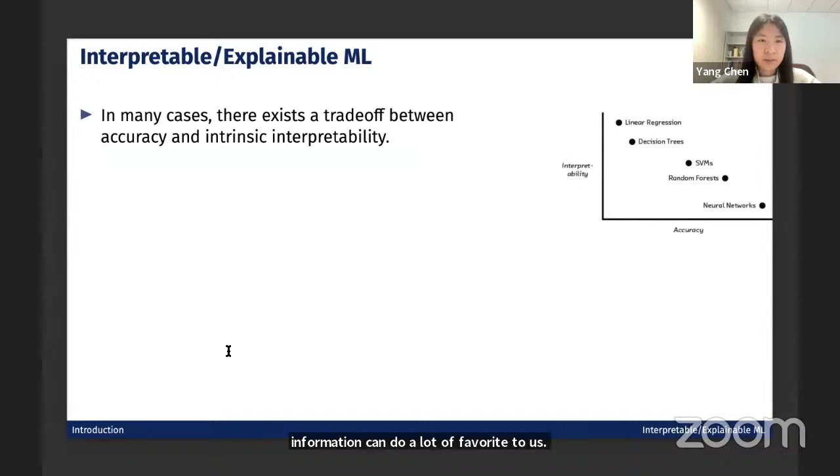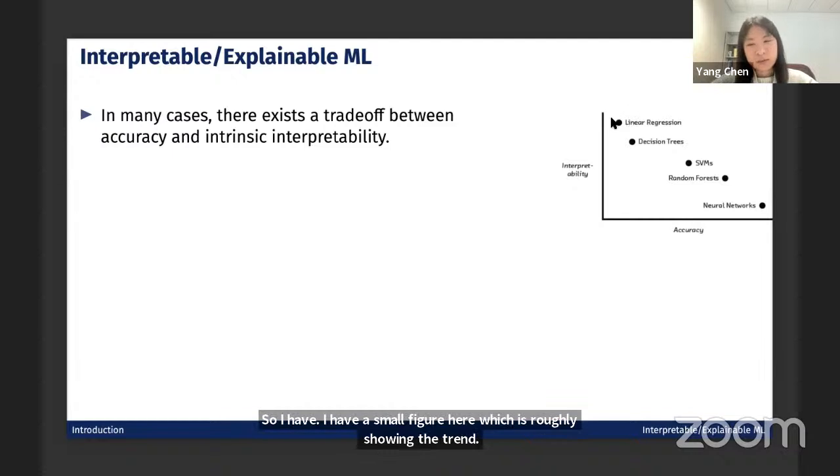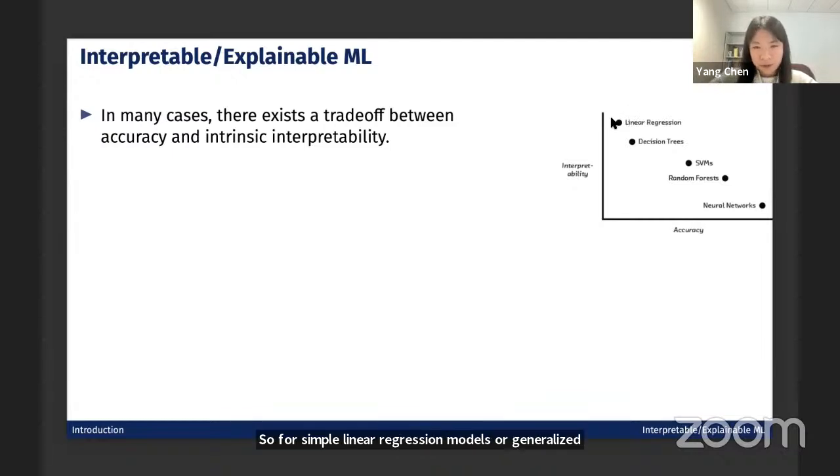In general, in many cases, there exists a trade-off between accuracy and intrinsic interpretability. I have a small figure here, which roughly shows the trend. For simple linear regression models or generalized linear regression models, of course, space weather people will say, well, our problems are highly complex, there's no way a linear regression model would work.